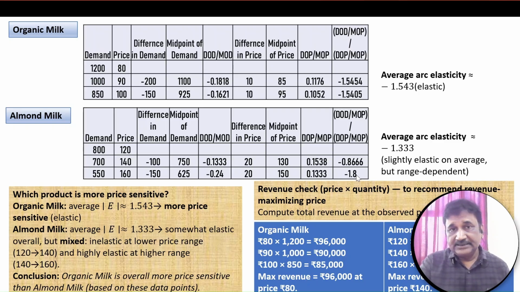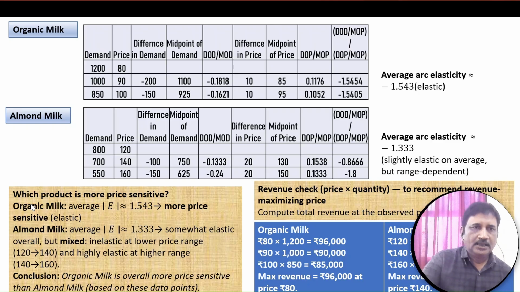So we say that the demand is elastic between the second and third point. Okay, if I take the average of this price elasticity of demand, that comes out to be minus 1.33. Overall, I can conclude that it is slightly elastic on average, but range dependent. Elasticity is price range dependent.